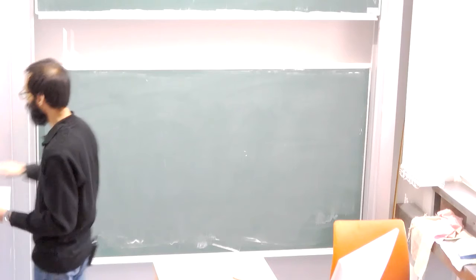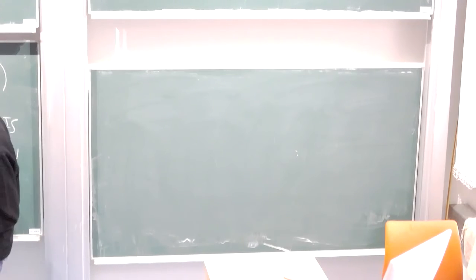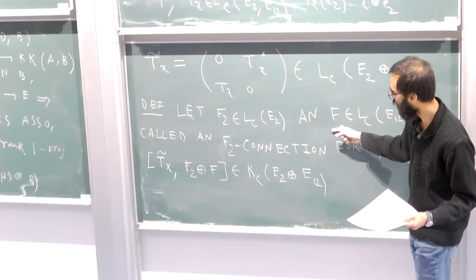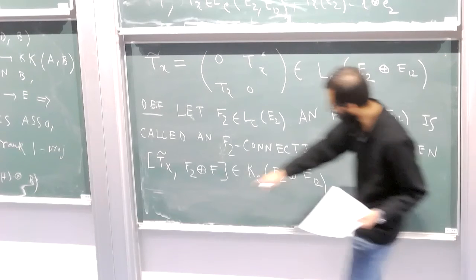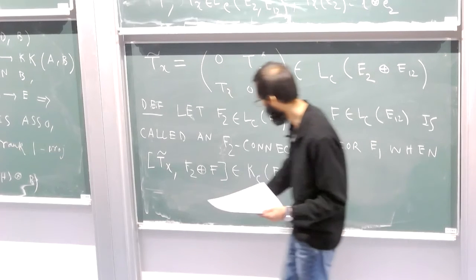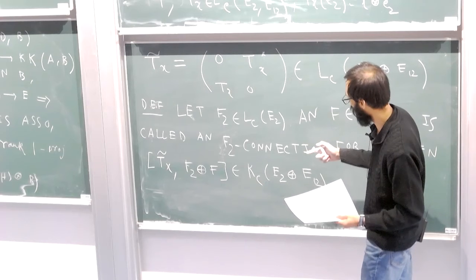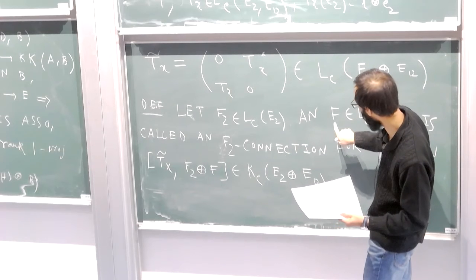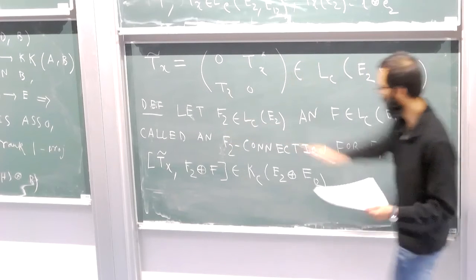Yep. So in a moment, F will be the Fredholm operator in the Kasparov module. F would be having degree 1. Since this is a graded commutator, I'll just write what it means to have a graded commutator for a degree 1 F and a degree 1 F2.